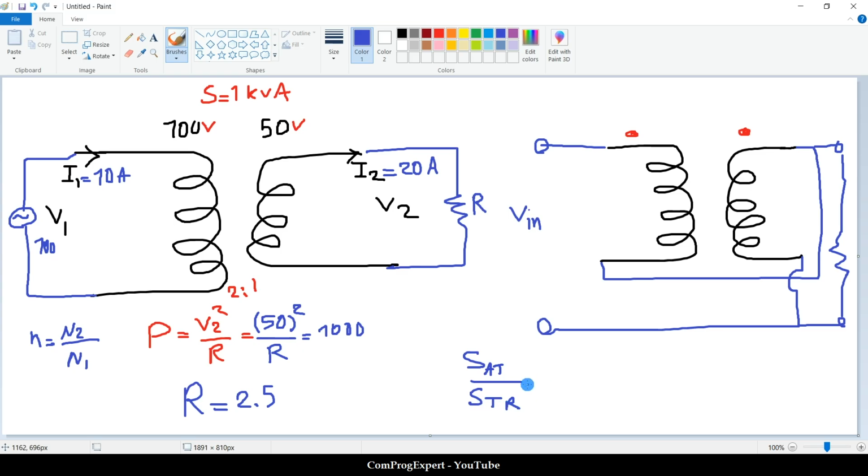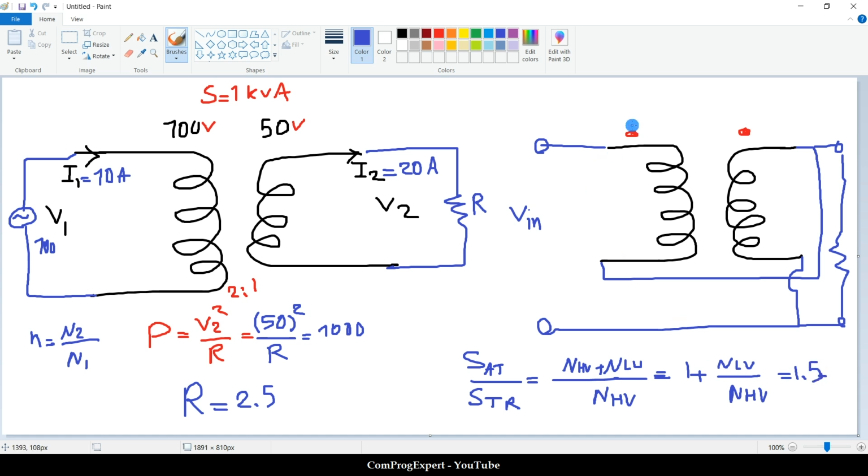This is 1 kilowatt, equal to N total, that is NHV plus NLV, divided by NHV, the number of series turns, NS. This is 1 plus NLV divided by NHV. That is equal to 1.5.